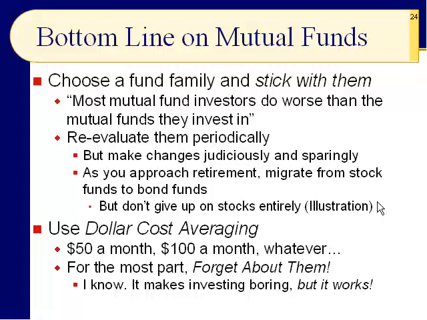We're going to take a look at what happens when we start taking the money out for our retirement. All right? Use dollar cost averaging. $50 a month, $100 a month, $25 a month if you're younger, whatever you can afford. But for the most part, forget about them. I know, it makes investing boring. But it works. Mutual funds will bore you to wealth.